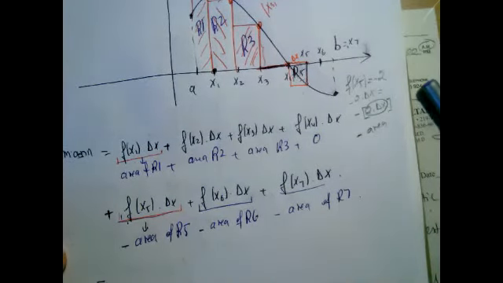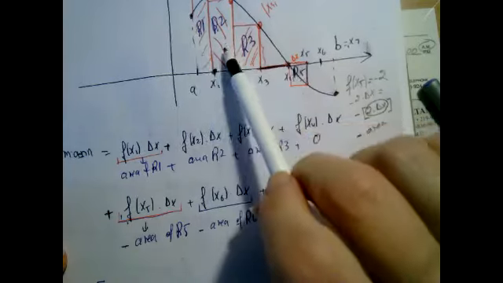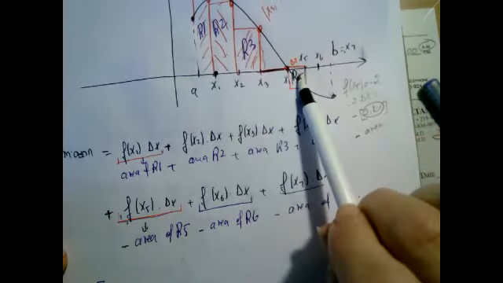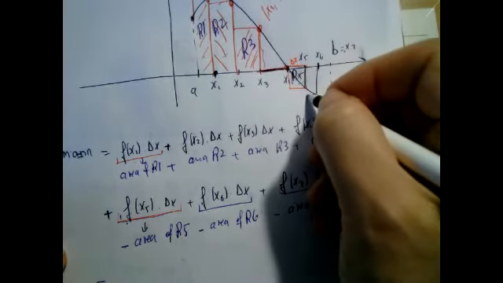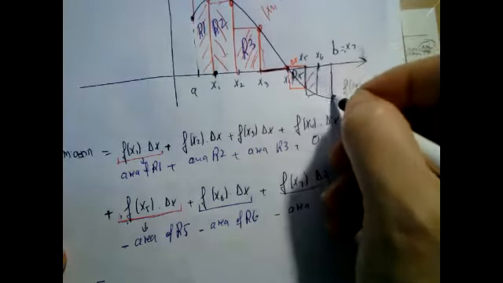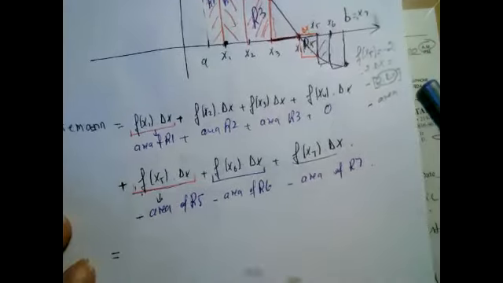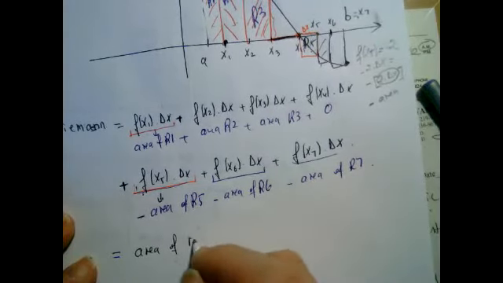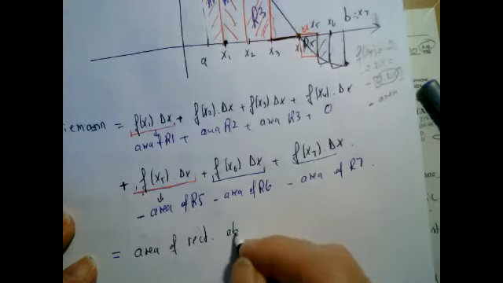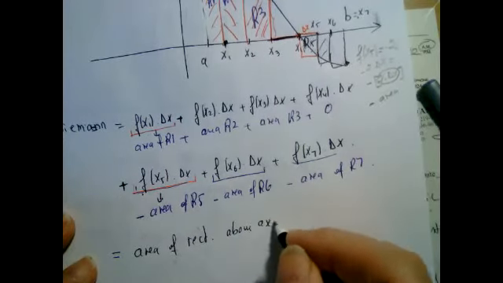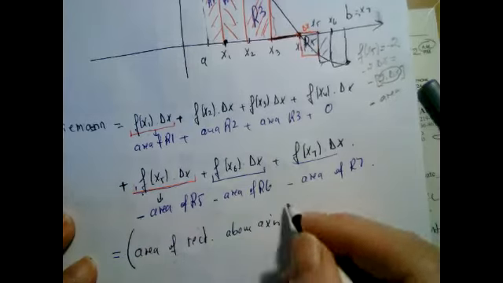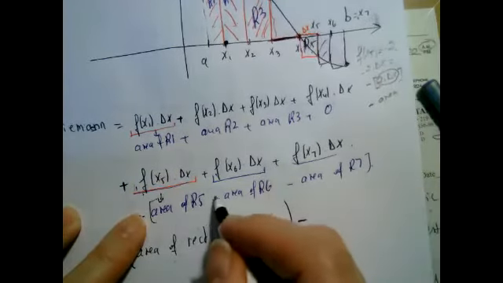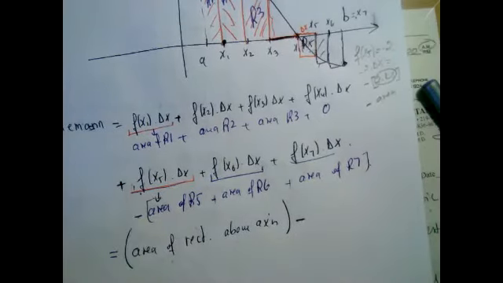So what does the Riemann sum represent? Now let us sum this up. It's the area of this plus the area minus this area, minus this area, minus this area. So it's going to be the area of the rectangles above the x-axis. But here I'm going to take away the sum of the area below the x-axis.